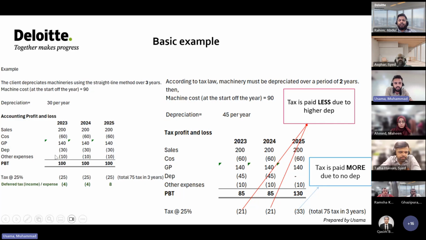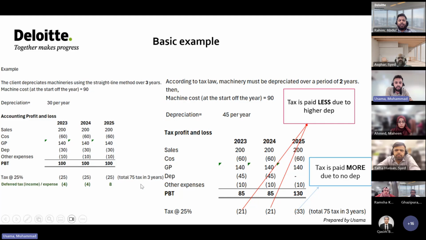The depreciation in example one, where we computed the accounting income, is 30 because of the accounting standards: we have a policy of depreciation over 3 years. As per the tax standard, depreciation is 45. That is why we need to compute the taxable profit for the tax calculation.